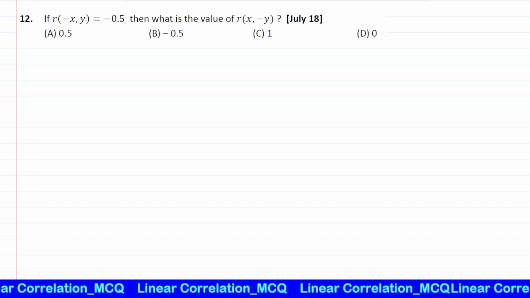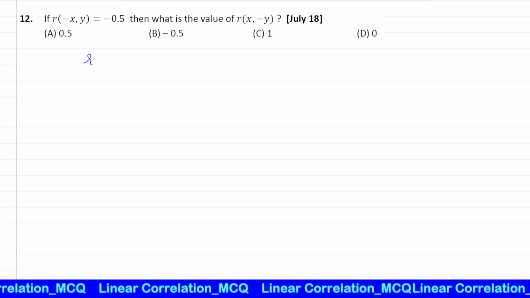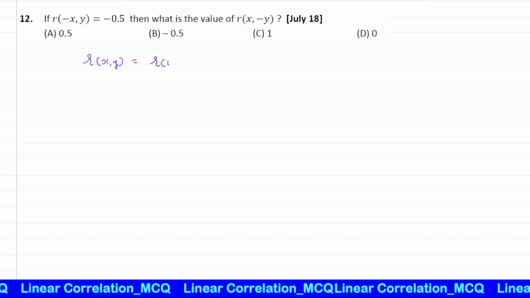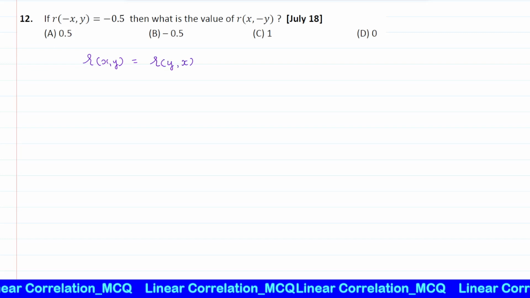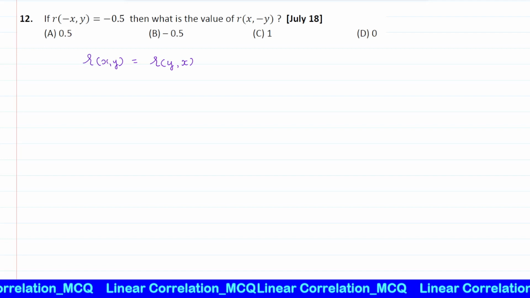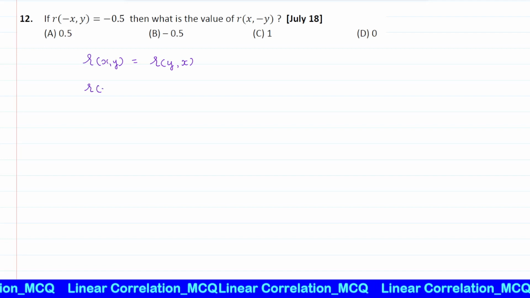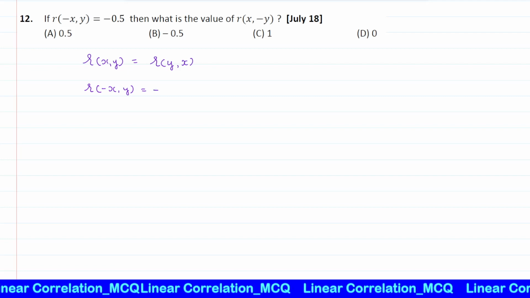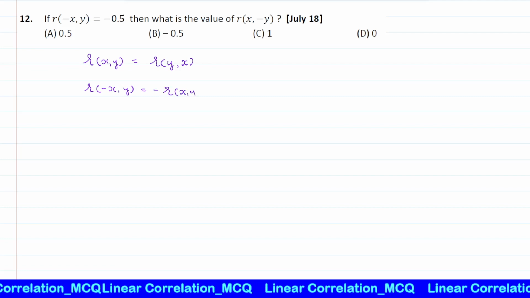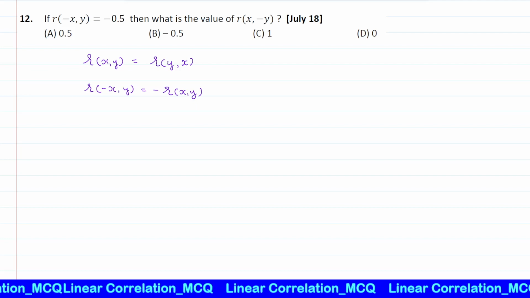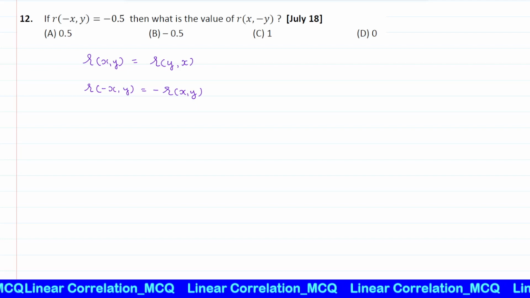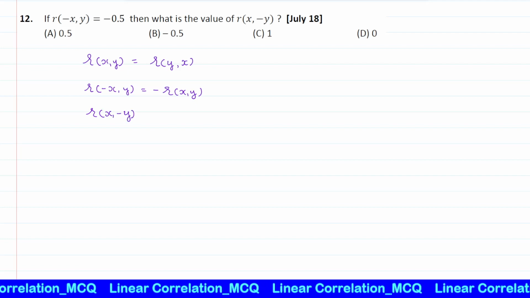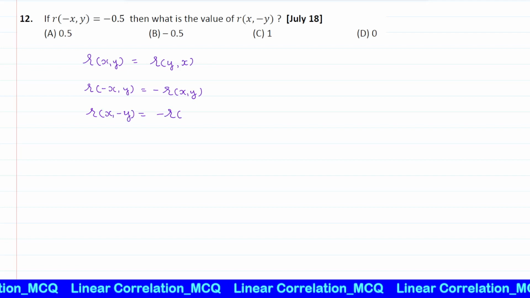Okay, see the property of correlation coefficient. Rxy equals Ryx. There is no change if we change the position of x and y. But r of (minus x, y) equals minus Rxy. If we change the sign of x or y, the sign of r is also changed, and r of (x, minus y) also equals minus Rxy.